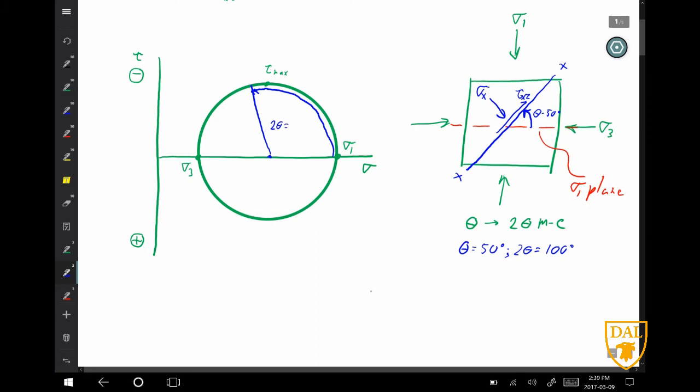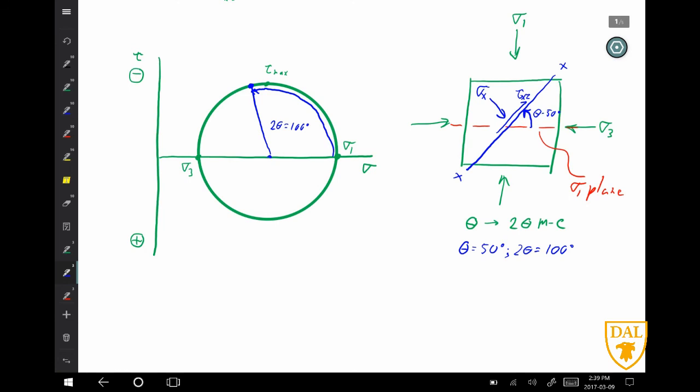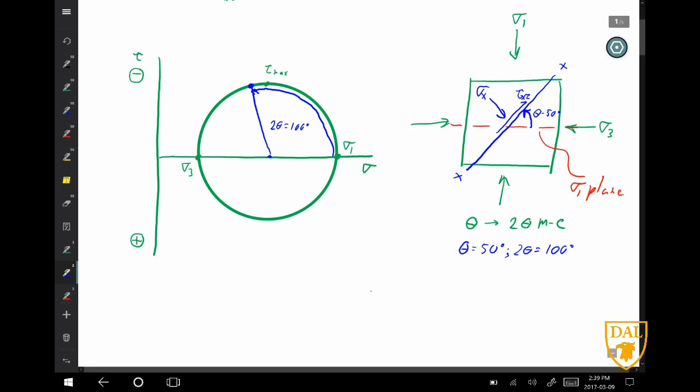2 theta, 100 degrees. And so this point here represents the shear and normal stresses acting on the plane of interest. So that gives us the sigma x and the tau xz acting in that plane.